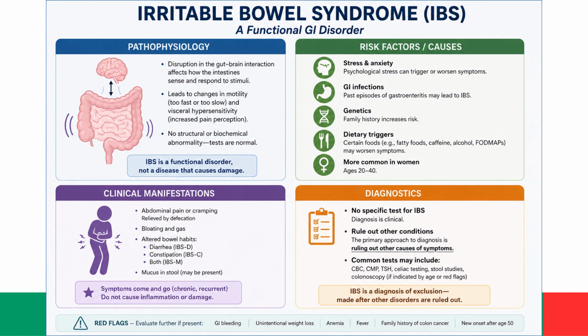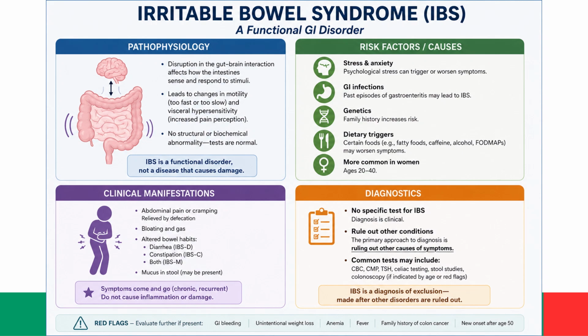Looking at the bottom of this slide, if a patient is telling me, I've had abdominal cramping and alternating constipation and diarrhea for several years and it tends to flare with certain foods or periods of stress, that could fit IBS. But now imagine a patient saying, I've lost 15 pounds without even trying, I've had blood in my stool, and I've been running fevers.